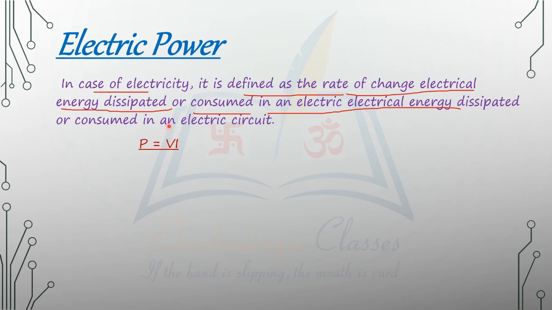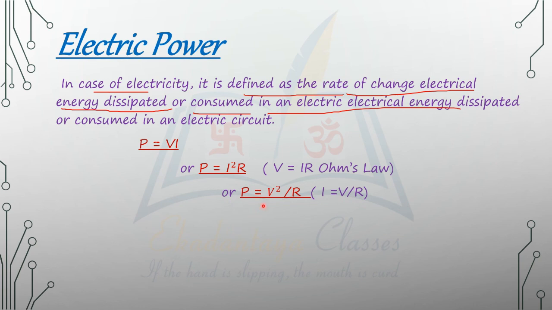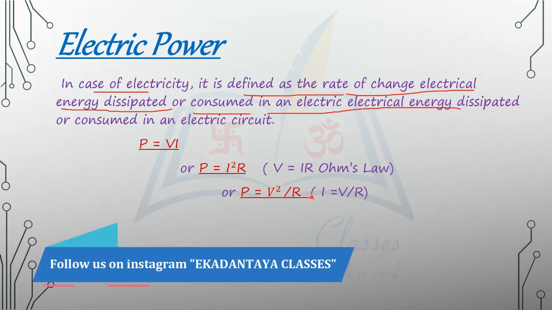V is the voltage, I is the current, and P is power, or else P is equal to I square R. If you put V equal to IR, it becomes I square R. Or else I is equal to V by R, and putting that in I square R, it becomes V square by R.